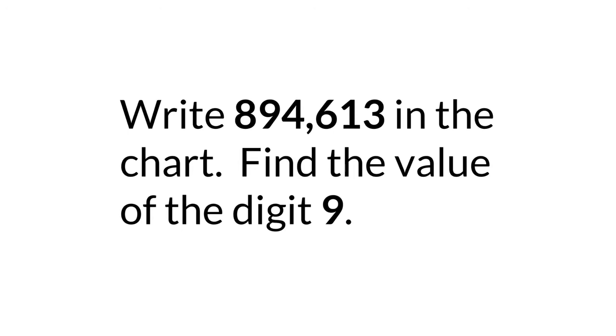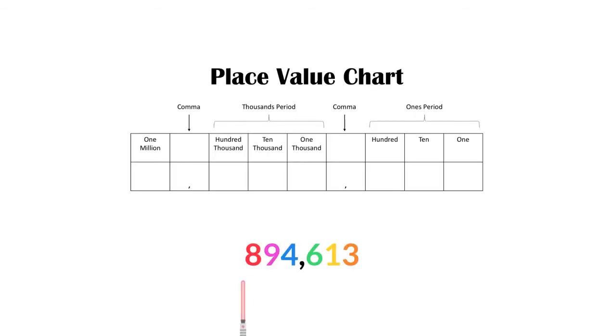So we're going to practice finding the value of a digit in a number. We're going to write 894,613 in the chart, and we're going to try to find the value of the digit 9. Here we have our number, 894,613.